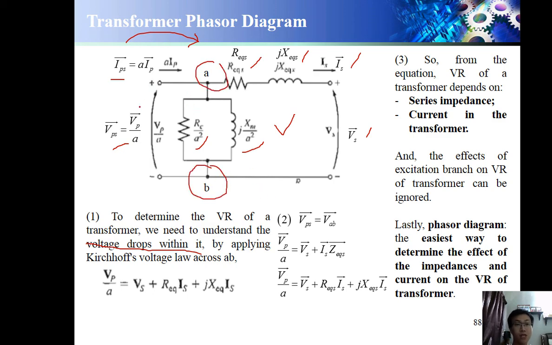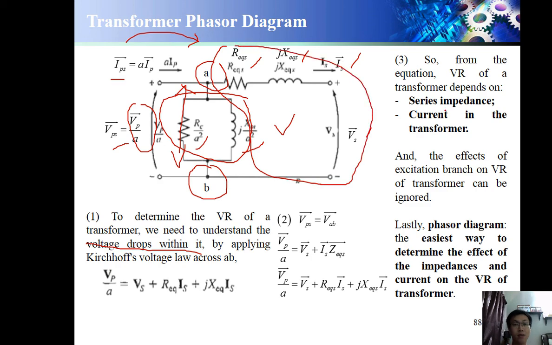So this is the voltage. I have two branches, one is this one, another one is this one. This one I am not interested in because I cannot read VS. So I just want this one.